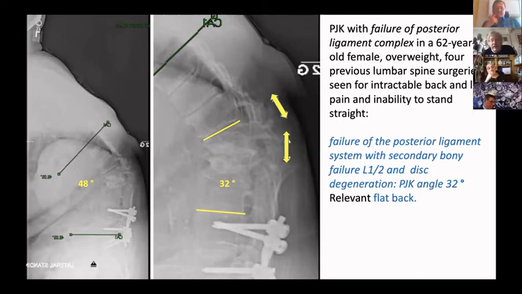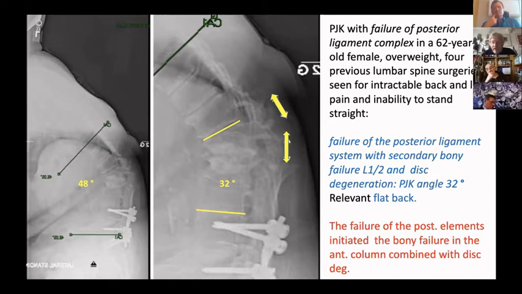So she has a PJK angle of 32 degrees with relevant back pain. This is basically a primary pathology in the posterior elements, muscles as well as the posterior ligament complex, and the bony problem is a secondary thing. The failure of the posterior elements initiated the bony failure in the anterior column combined with disc degeneration.